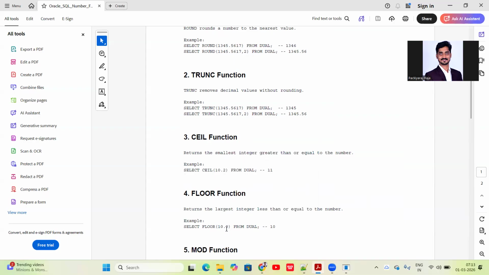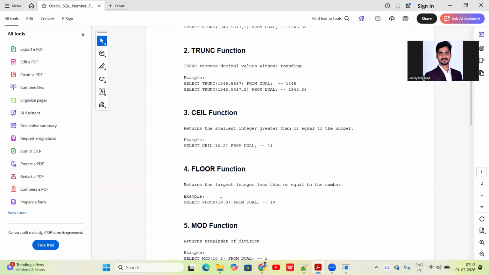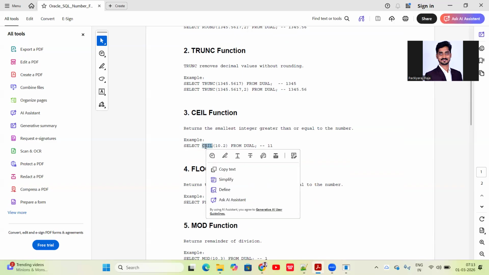See 10.9: ceil adds 1 and gives 11, but floor will give 10. If you want the lower value, use floor. If you want the highest one, use ceil.